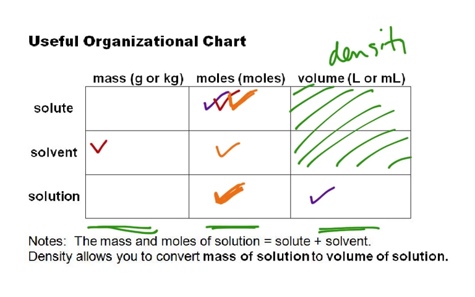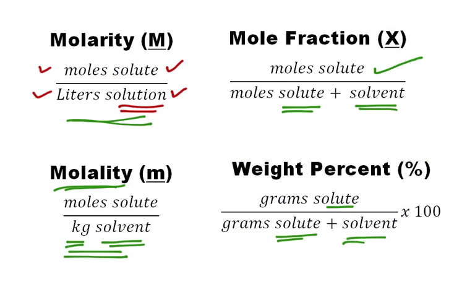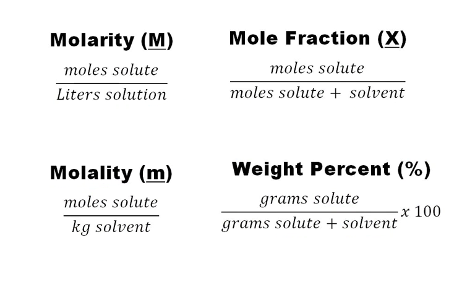And finally, if we wanted to do something like percent by mass, we could do the mass of the solute over the mass of the solution, times 100. So using 2 boxes at a time, we can calculate any of our 4 different concentration units.